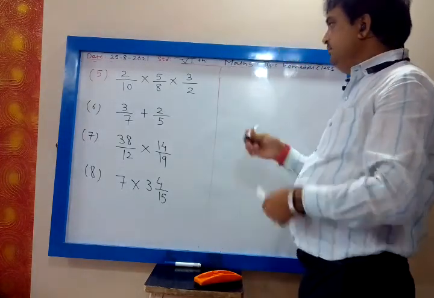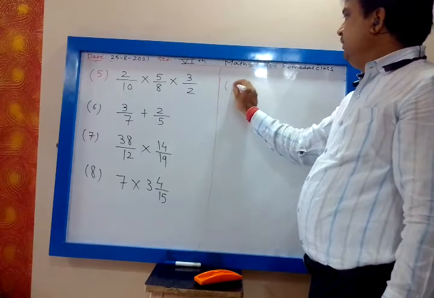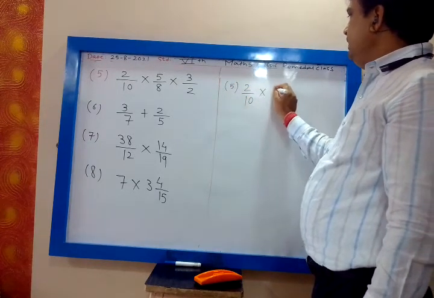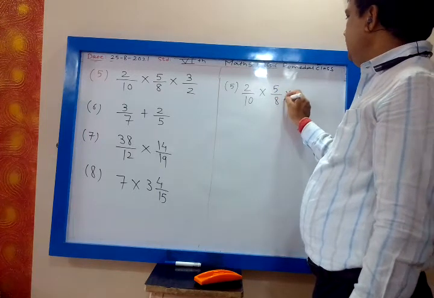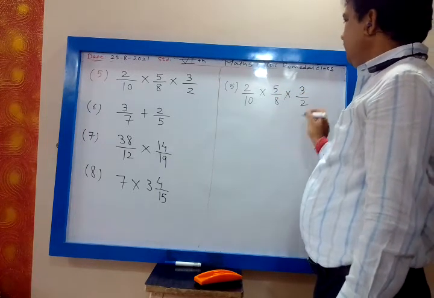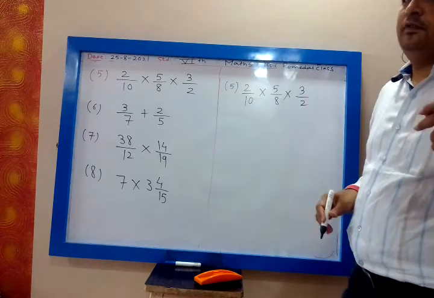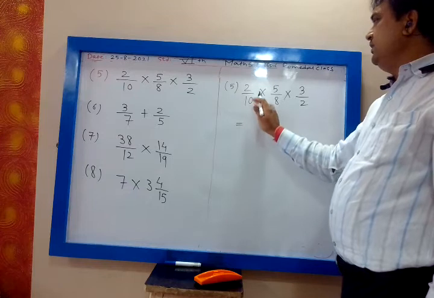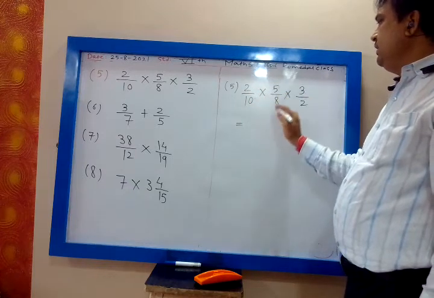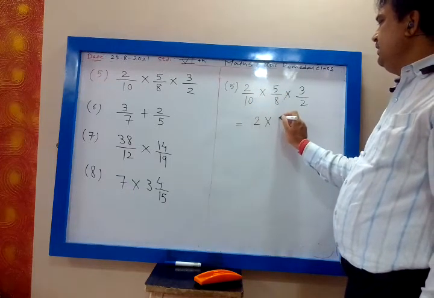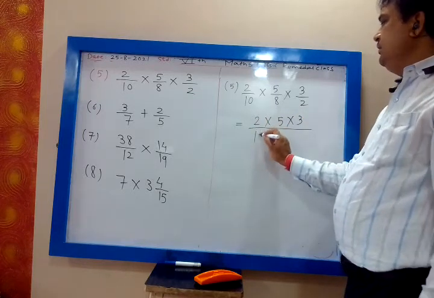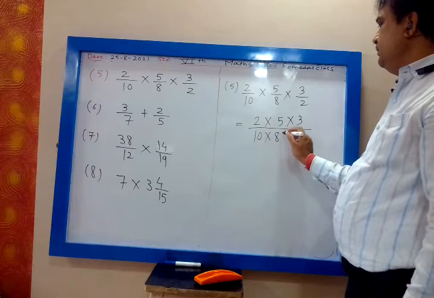Fifth one: 2 by 10 into 5 by 8 into 3 by 2. 3 upon 4. Let us check the answer. So multiplication of three fractions, numerator into numerator into numerator: 2 into 5 into 3, upon denominator into denominator into denominator, 10 into 8 into 2.